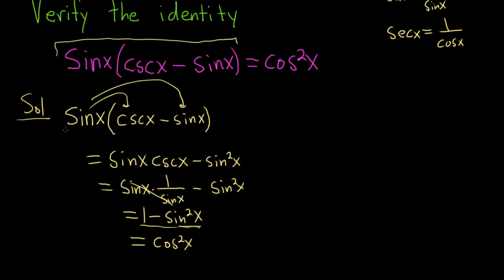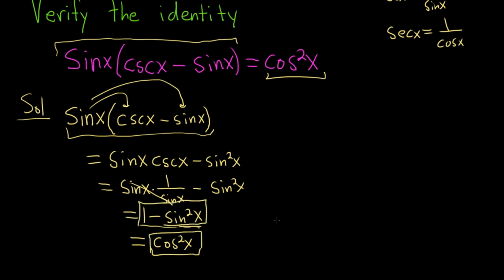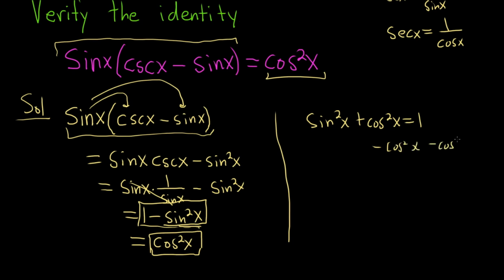We started with one side, and we showed it's equal to the other side. So if you're wondering about this identity here, 1 minus sine squared equals cosine squared, the way I memorize that is as follows. If you have sine squared x plus cosine squared x, and that's equal to 1, you can subtract cosine squared from both sides. So you end up with sine squared equals 1 minus cosine squared.